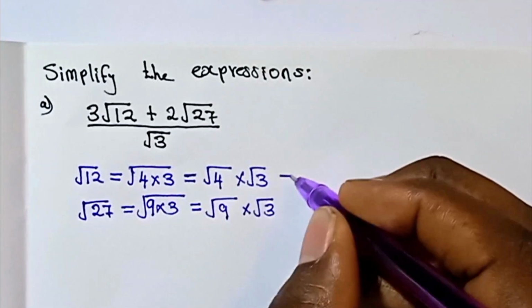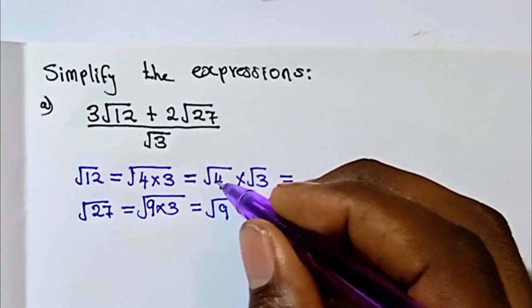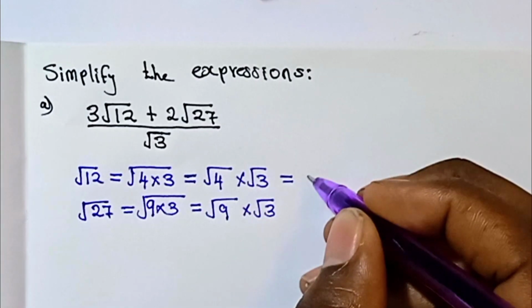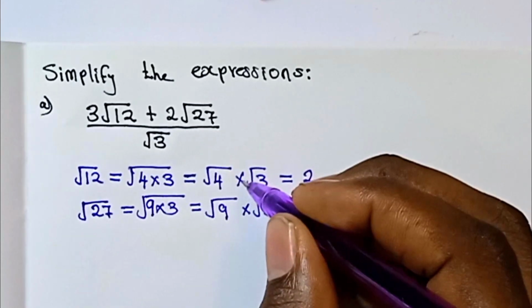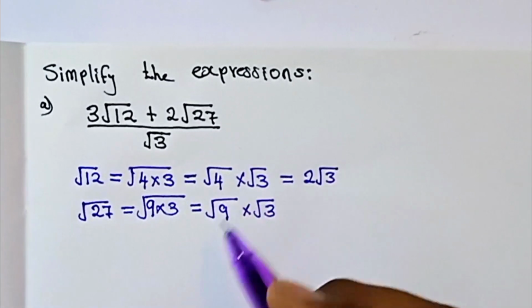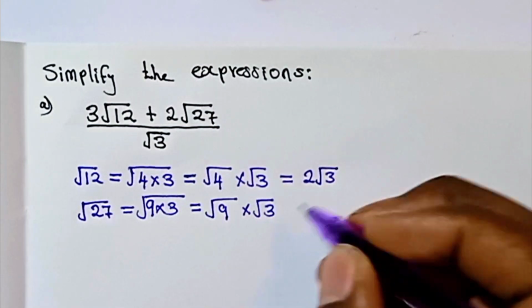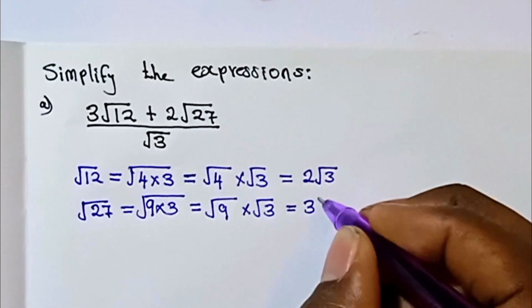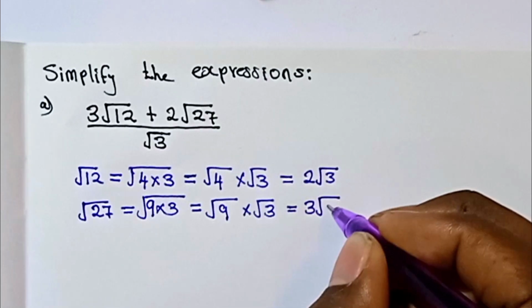In this case, the square root of 4 is going to be 2. So we're going to write this as 2, and when we multiply by root 3, we're going to have 2 root 3. And when we square root 9, we're going to have 3, so we're going to write 3 root 3.